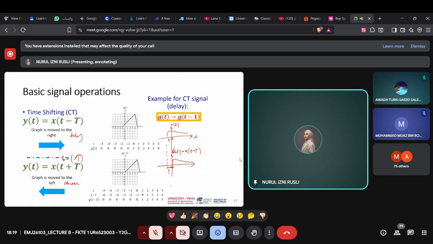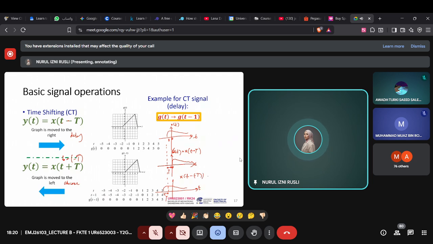If your signal is moving to the left, for example, moving to the left, so this is your t.